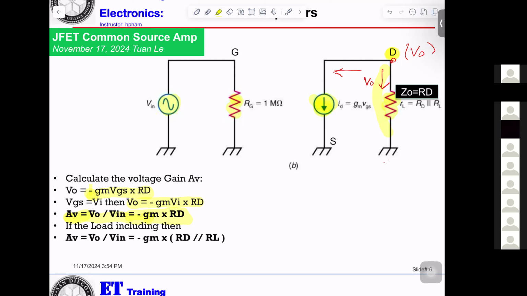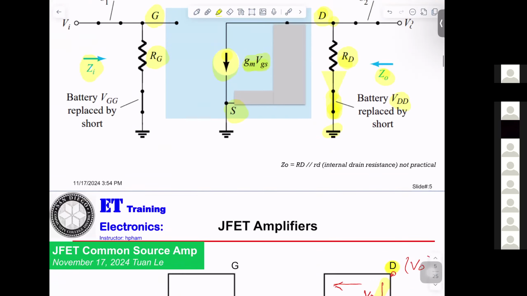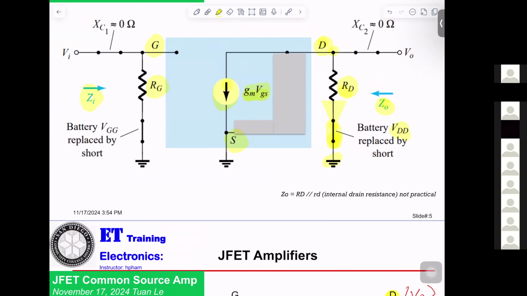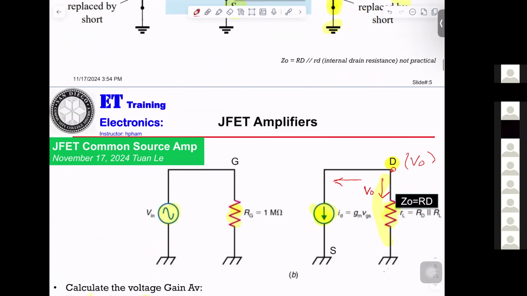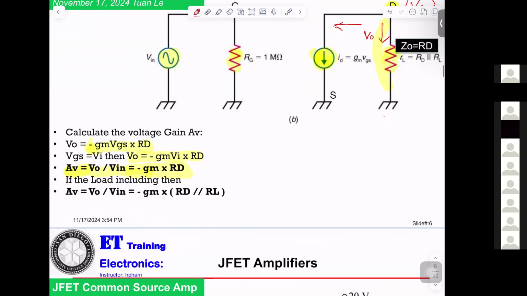Now, if you have a load connected here, RL, then the output impedance will be equal to RD and RL in parallel. That's what they're telling you here.